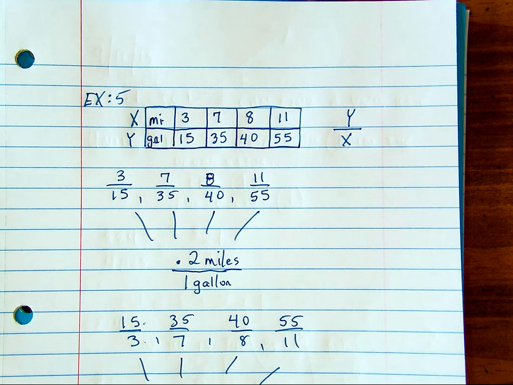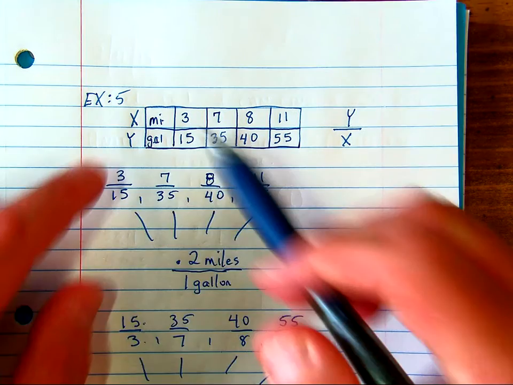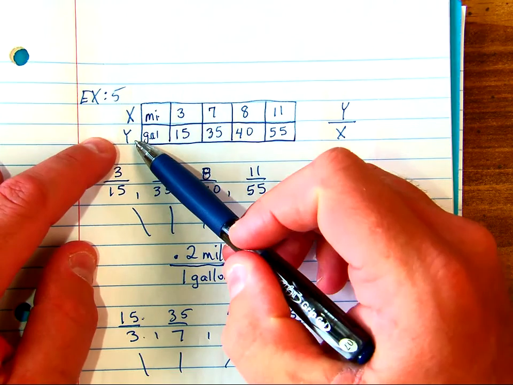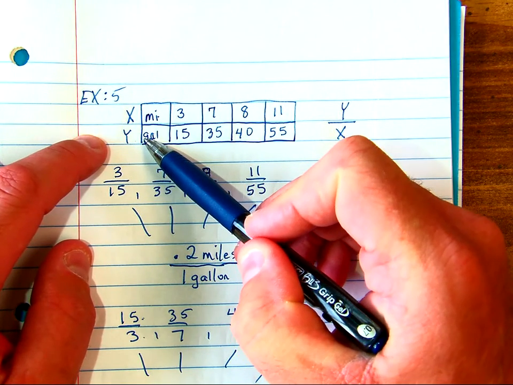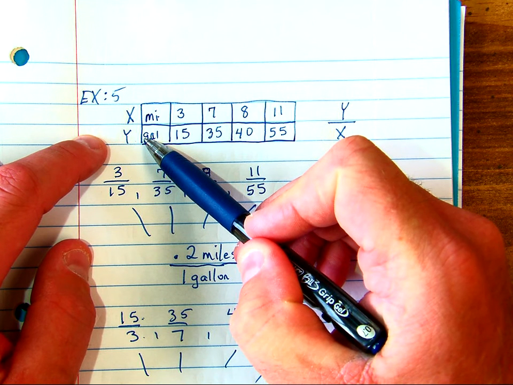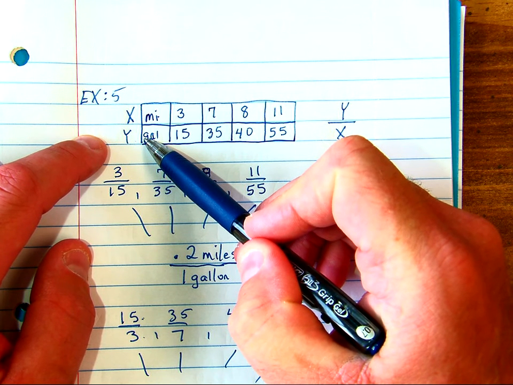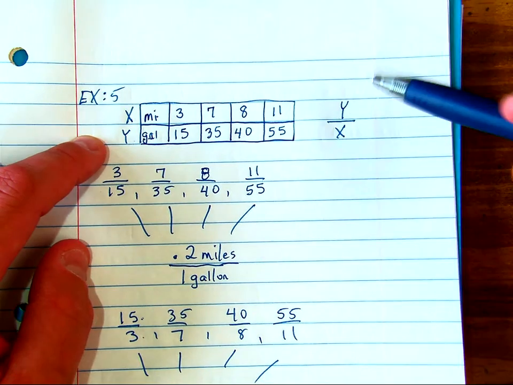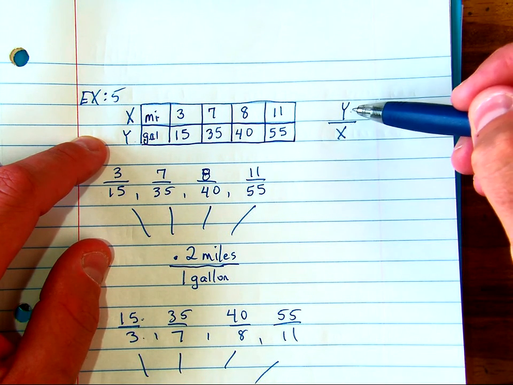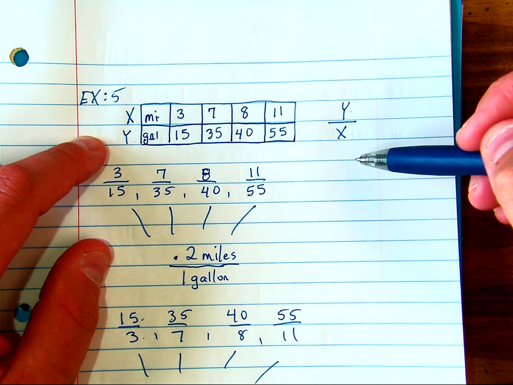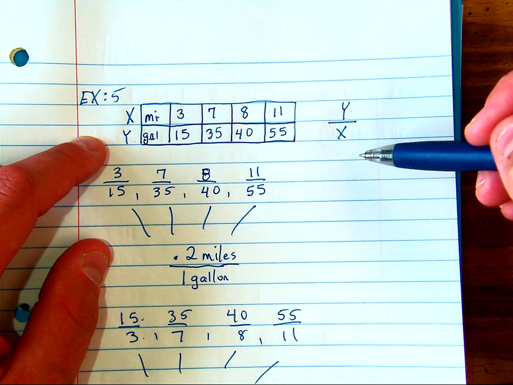We write everything in math alphabetical order. That's why the first row is x and the second row is y. Everything is alphabetical. Okay? But when we go to find a unit rate, we do y divided by x. The y-axis divided by the x-axis. So, see if you can do that for this next one.